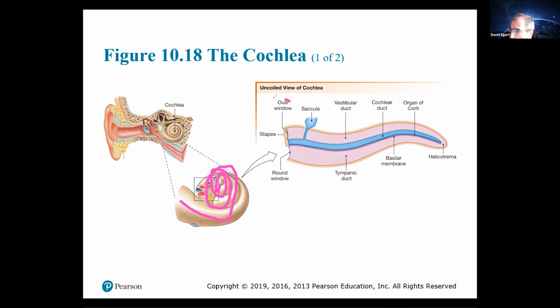You can think about the oval window as being the entrance into what we call the vestibular duct, because it's where the vibration enters. Vestibule is kind of an entrance. Helicotrema is the tip of the snail. So you're spiraling up to the tip of the snail, and now the tympanic duct is spiraling back down, out.